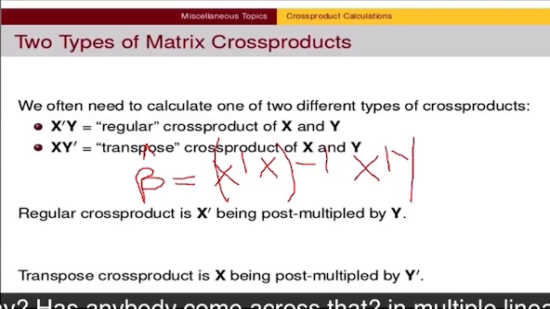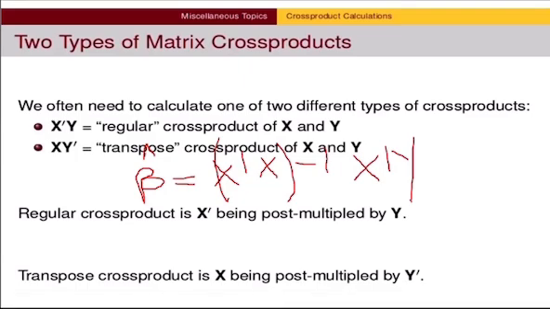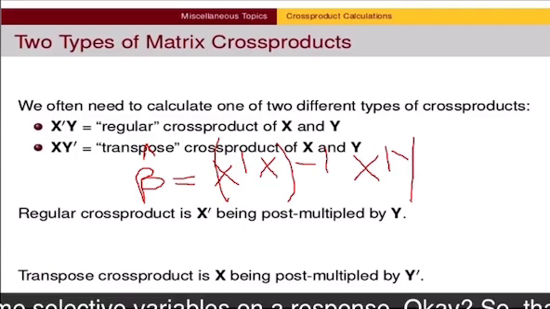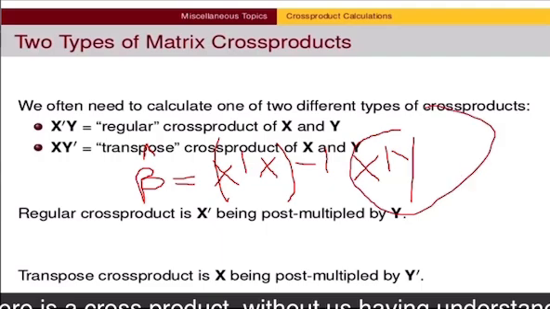If I want to estimate parameters in a multiple linear regression model, or I'm interested in investigating the effects of some selected variables on a response, I'm going to make use of that. But if you take a look at part of this formula, there is a cross product.